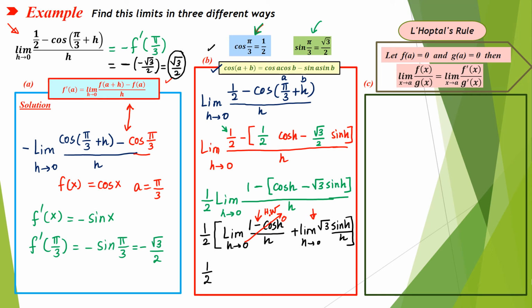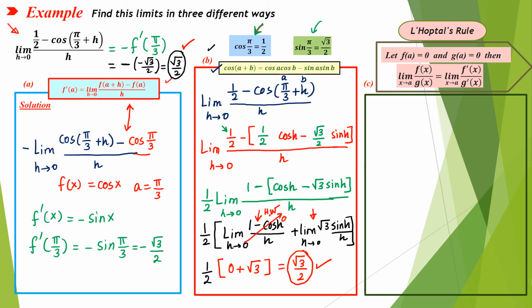Multiplied by radical 3, you will get 0 plus square root of 3, and the answer will be square root of 3 divided by 2. So we have the same answers in the first method and the second method. We have the answer square root of 3 over 2.